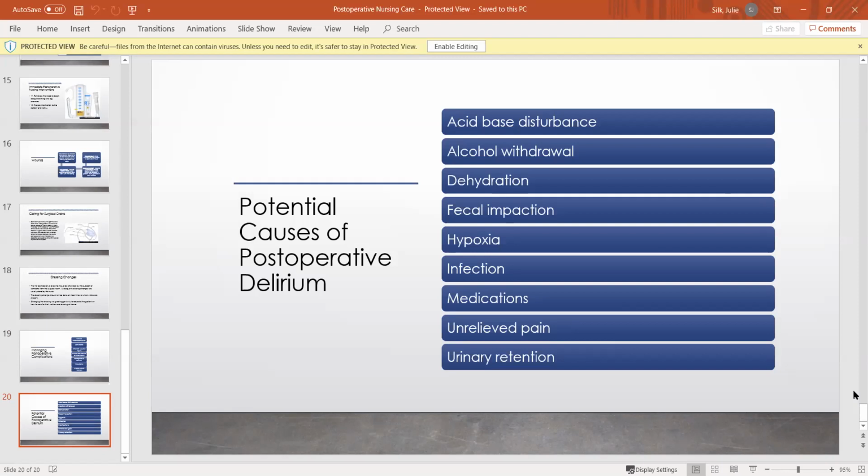Not only are you confused, but you have perceptual or cognitive deficits, altered attention levels, a disturbed sleep pattern, and impaired motor skills. Older adults recover more slowly from surgery, and they are at greater risk for developing post-op complications. So one of these is this delirium.